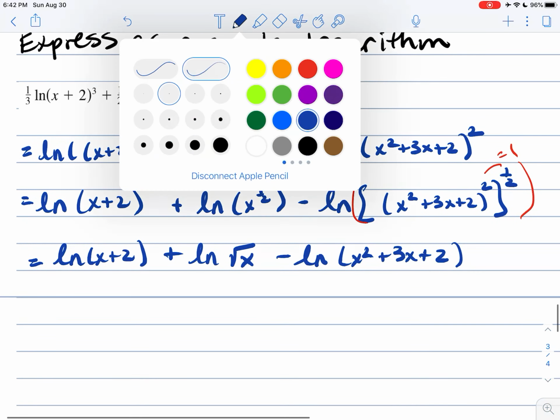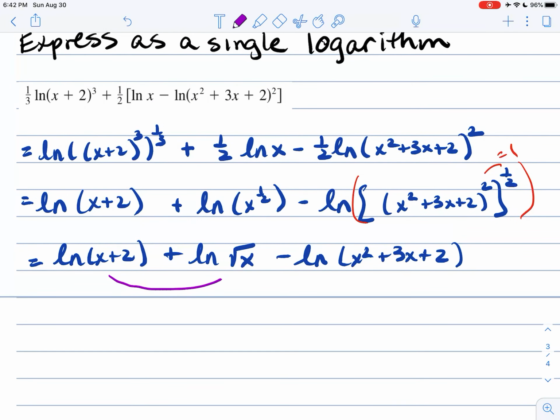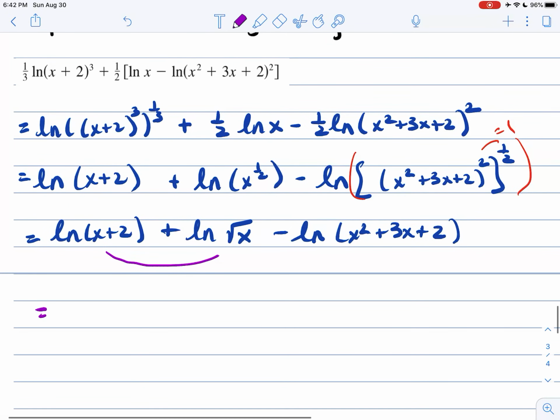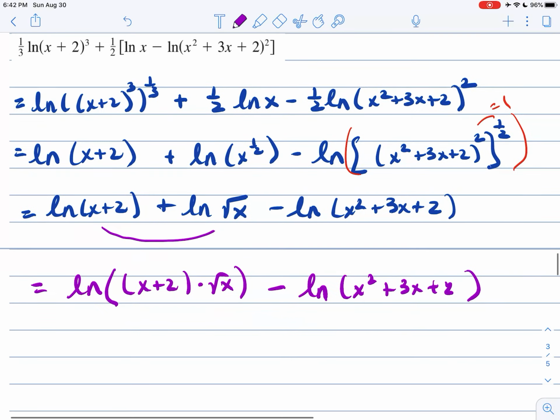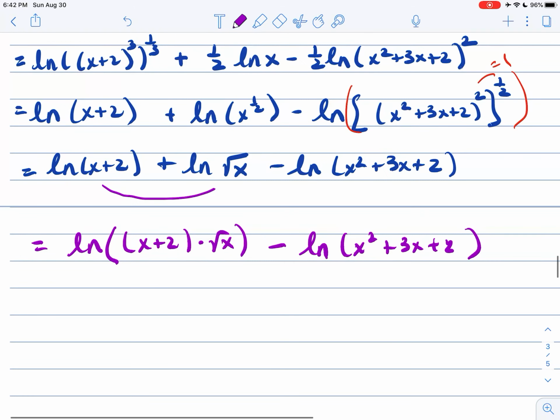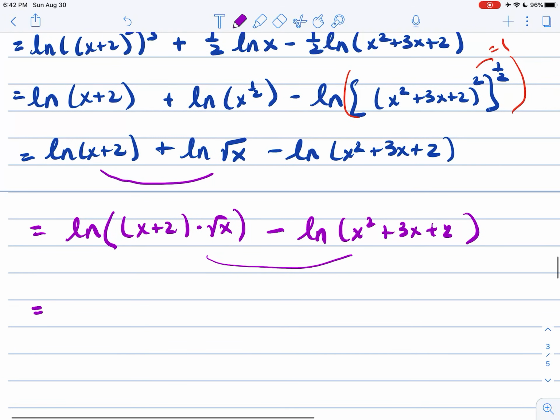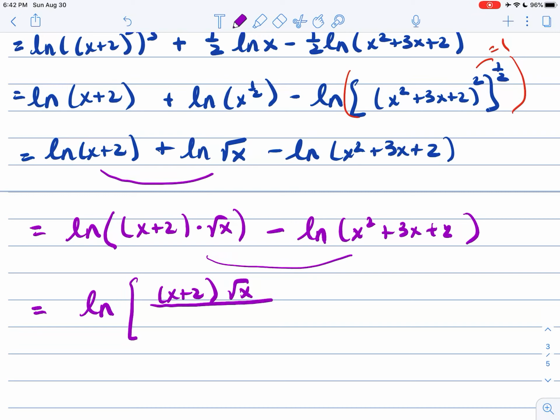And now with these two, I can combine using the rule for sums. This is going to give me ln of x plus 2 times the square root of x, and I still have minus the ln of x squared plus 3x plus 2. And now I can use my difference rule and put these together and say that this is going to be the ln of x plus 2 times the square root of x over x squared plus 3x plus 2.